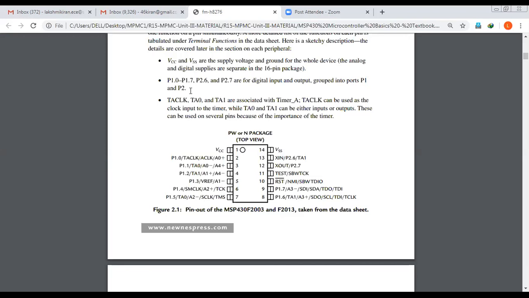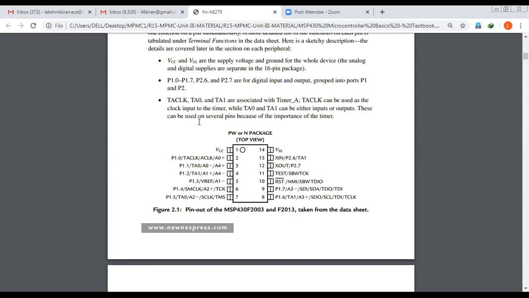These are the input and output ports, which are part of P1 and P2. Based upon the version, the number of ports increases. For versions 2003 and 2013, a total of 10 pins are available for GPIO input output.